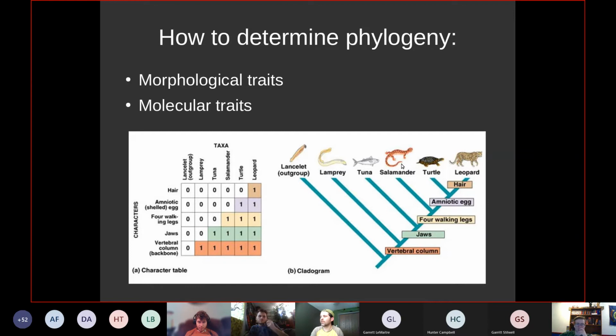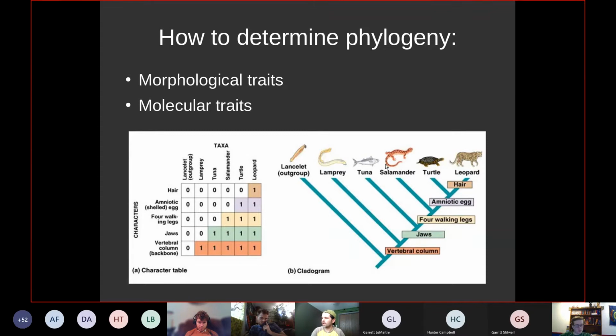Okay, so what's more closely related to that? Well, this one shares four of those same characteristics, the turtle. The only difference is that it doesn't have hair. So those share four characteristics with each other. That's pretty closely related. All right, then leopard and salamander. It doesn't have the amniotic egg, so it's only got three characteristics in common with the turtle and the leopard.